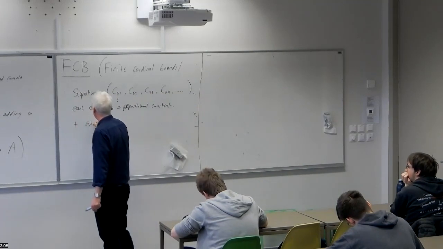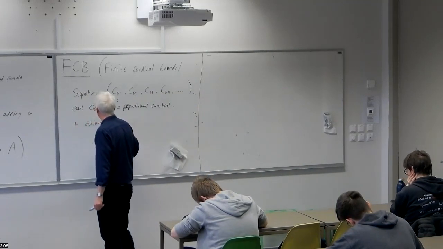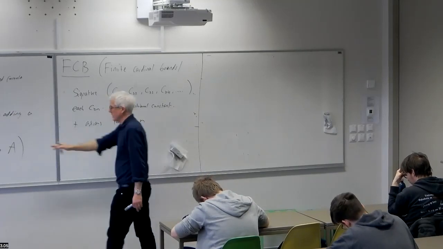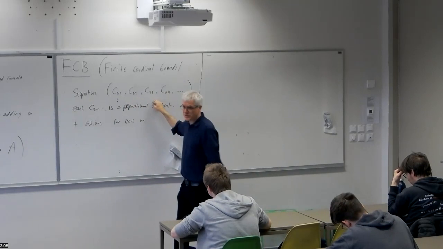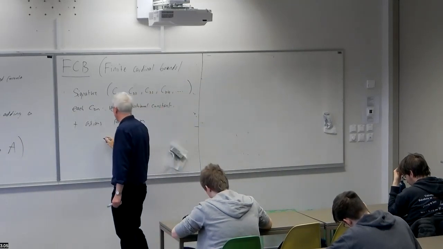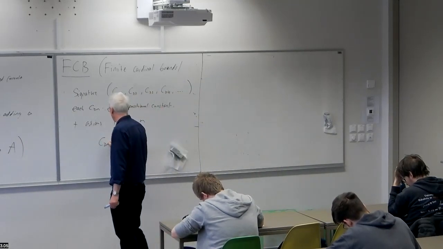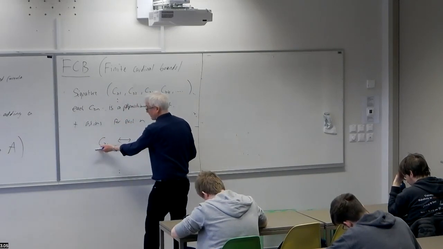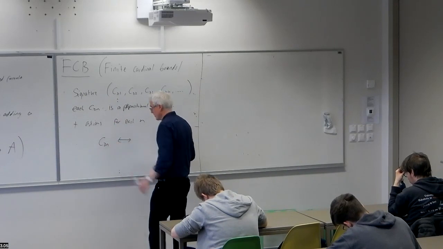So plus the axioms for each n, we don't need any quantifiers because these have zero arguments. But for each n, we add the axiom that c≥n says the same thing. So this is now a quantifier-free formula here because it's just a propositional constant.